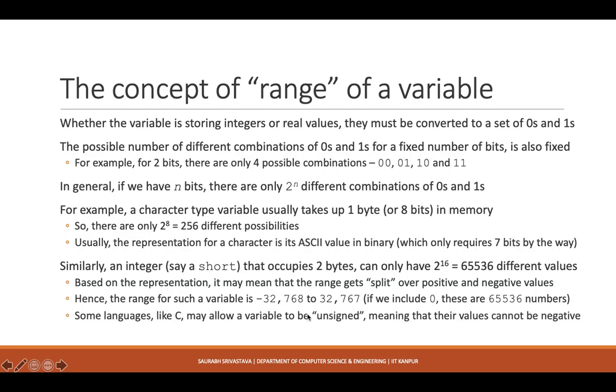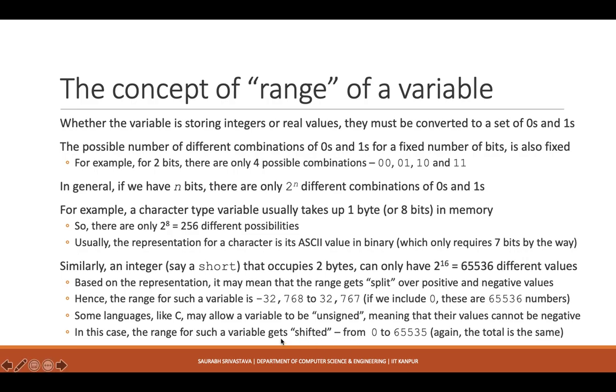Now in some languages like C, you can say, okay, my short variable is unsigned. What it means by unsigned is that I'm not going to use the negative range of the numbers, so please increase my positive range. So if you make this short variable unsigned, its range shifts, right?